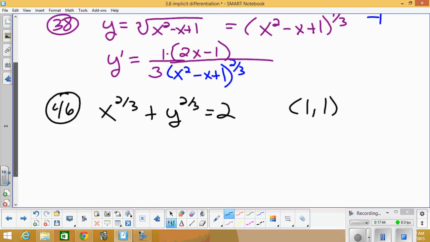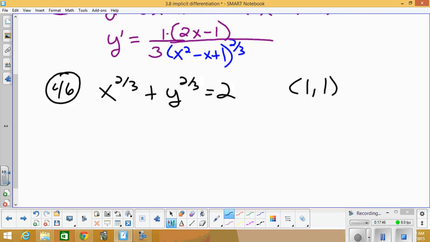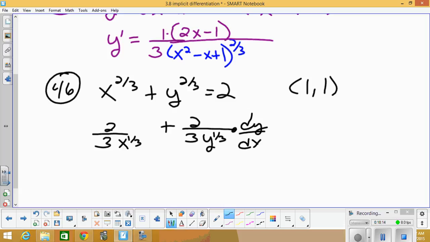So doing our implicit differentiation, I have 2/3, and then 2/3 minus 1 will be an exponent of x to the negative 1/3, or putting it back into my denominator, a positive 1/3. Then the second term, same situation, but remembering because it's y, we have a chain rule of dy/dx.